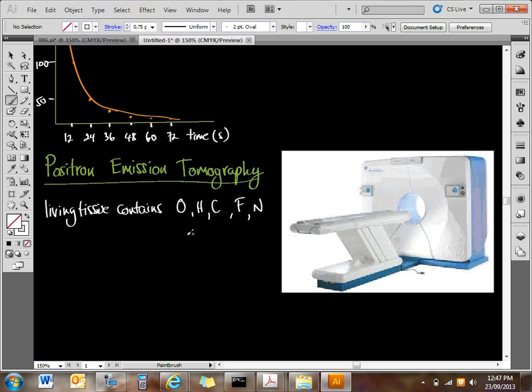They tend to be associated with metabolism in the body.